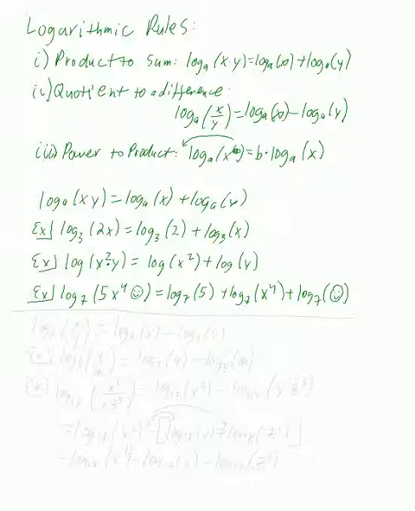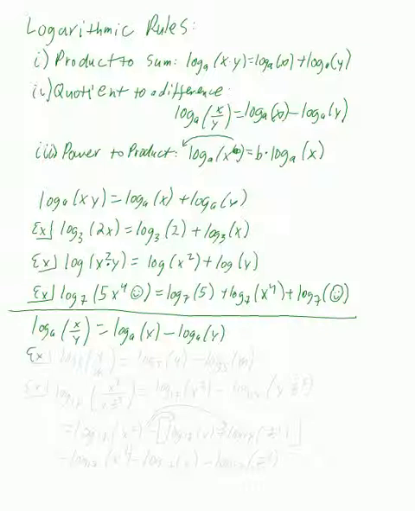Let's talk about the quotient to difference rule. That's the rule. I'll block that off there. This is log base a of x over y breaks down to log base a of x, now minus log base a of y. So when we're dividing, it turns it into 2 separate logarithms that are subtraction.